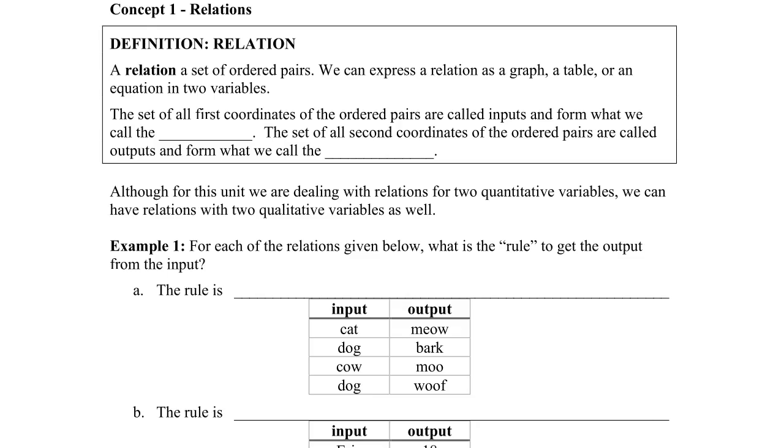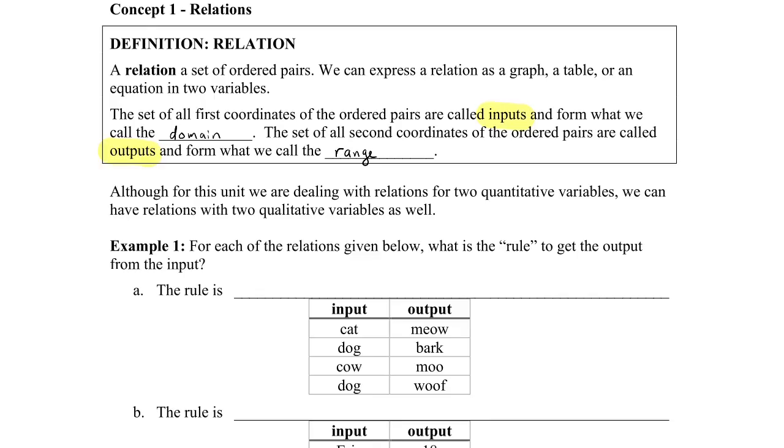The set of all of the first entries in the ordered pairs, we think of those as inputs, and the collection of all of them is called the domain. All of the second entries we think of as outputs, and the collection of all of those is called the range.